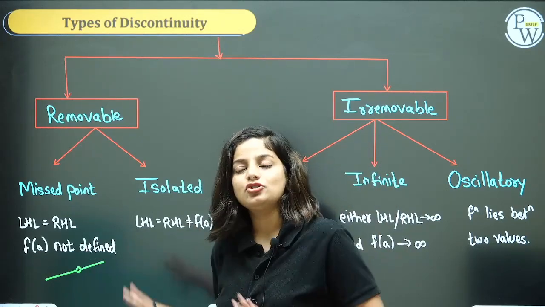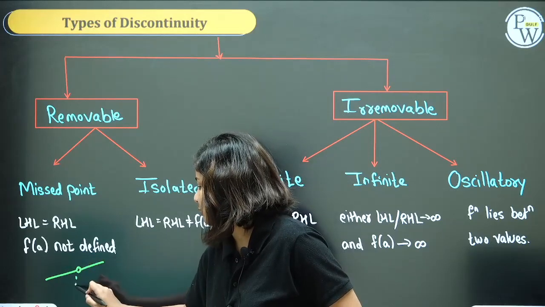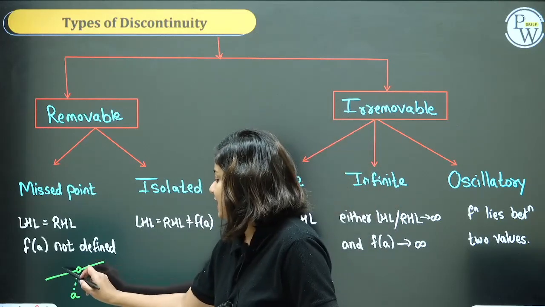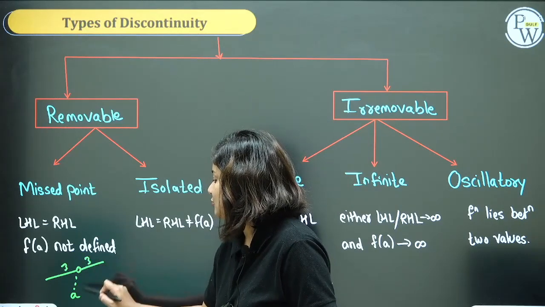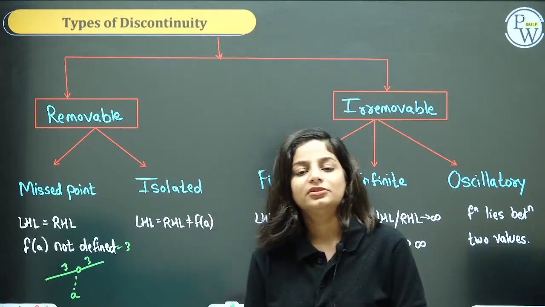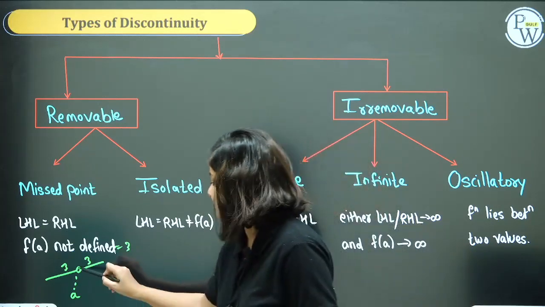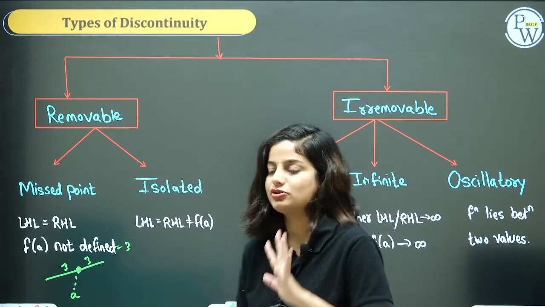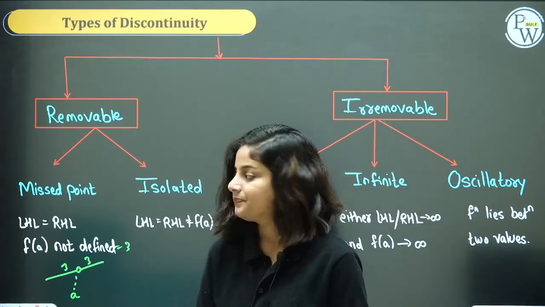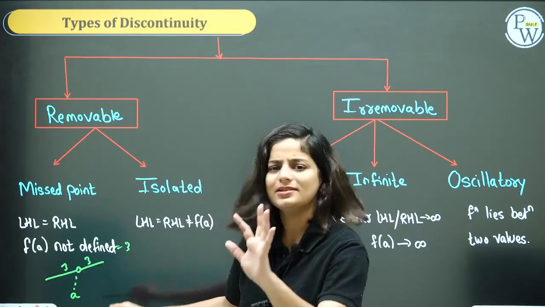If f of a is not defined, where a is the point at which you are checking, you define it. Let's say LHL is 3, RHL is 3. So you say f of a is also equal to 3. The discontinuity became continuous. So that's how you remove the discontinuity. That's missed point. The point was missing.